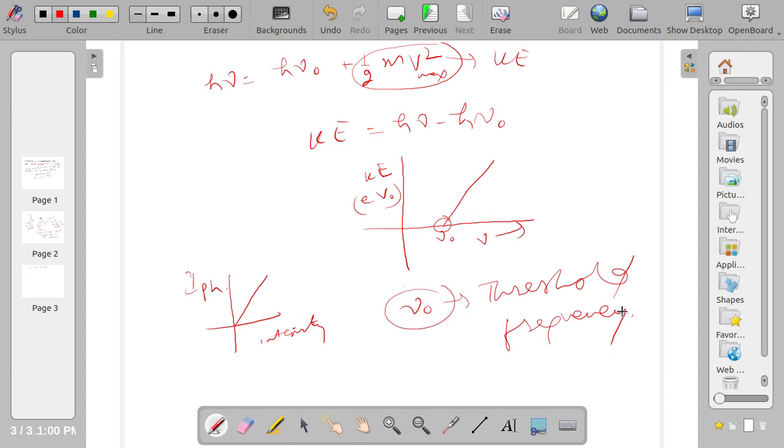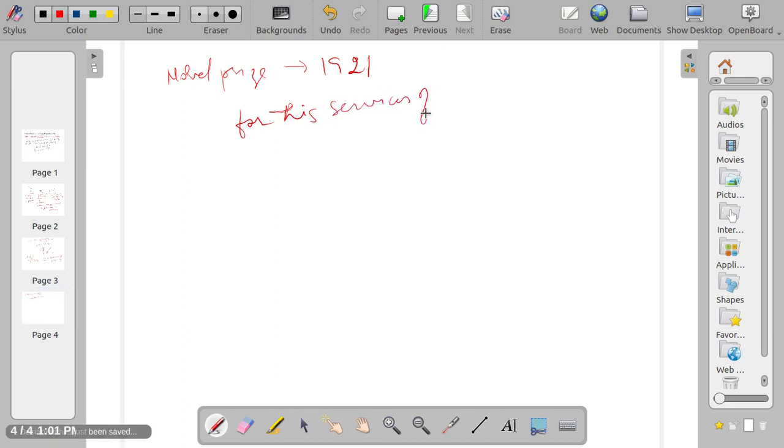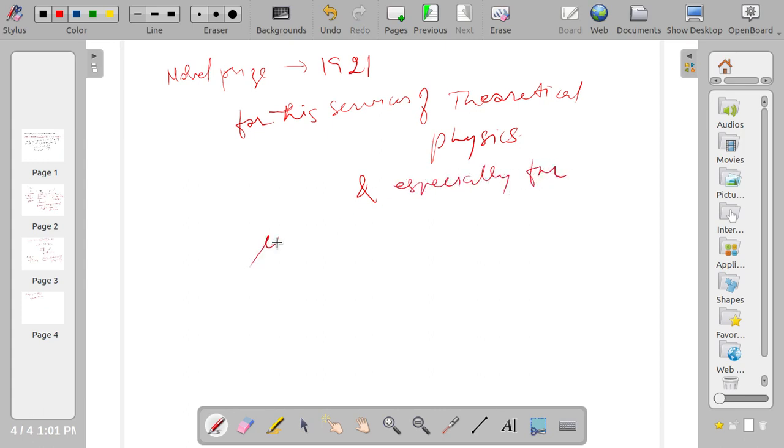So that means Einstein's theory completely explained the photoelectric effect, and for this Einstein got the Nobel Prize in 1921, for his services to theoretical physics and especially for the explanation of the photoelectric effect.